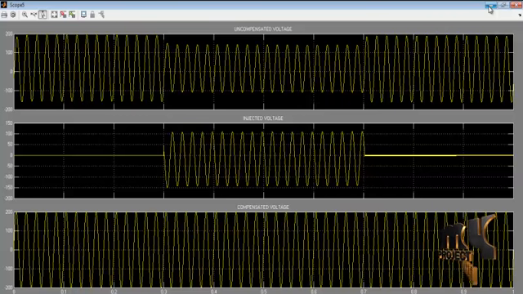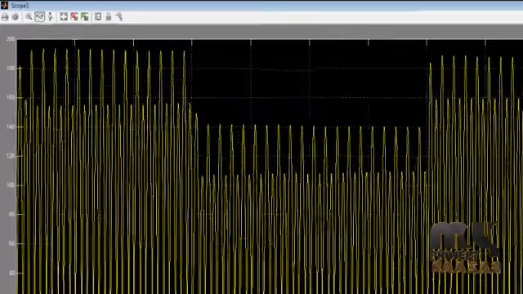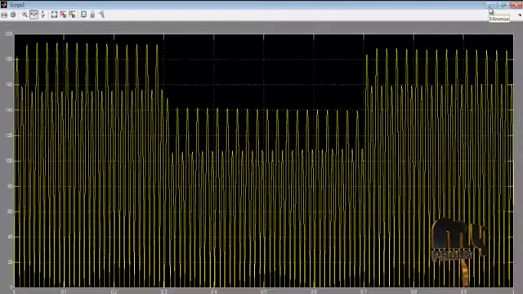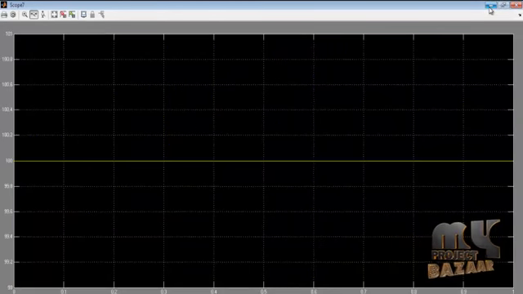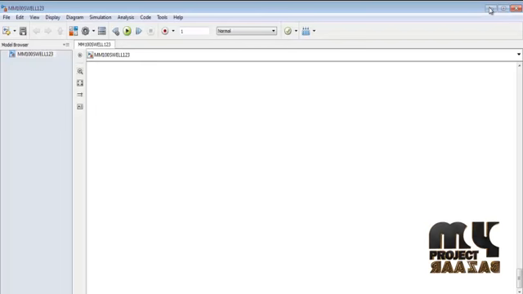First is the uncompensated voltage, second is the injected voltage, and third is the compensated voltage. This is the input source waveform, this is the uncompensated voltage waveform, this is the compensated waveform, and this is the DC source value at the sag and swell compensator input side.